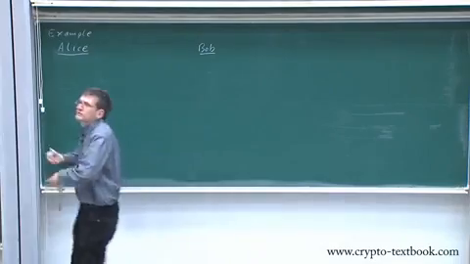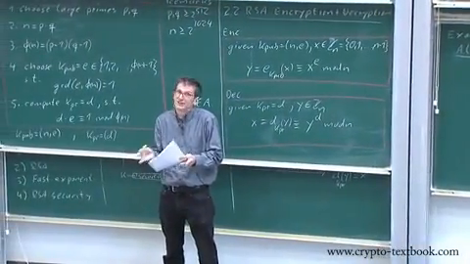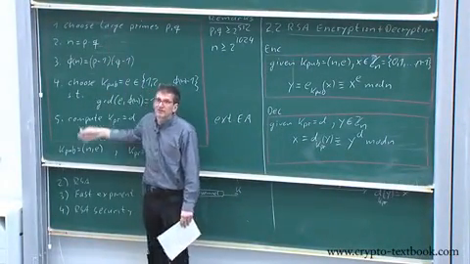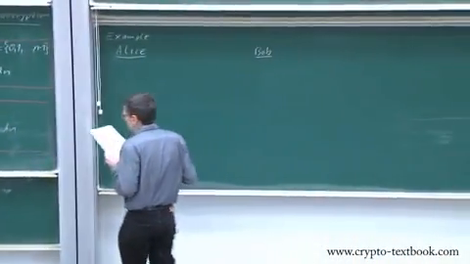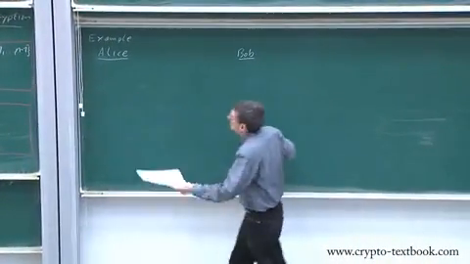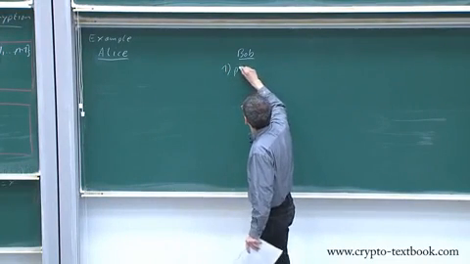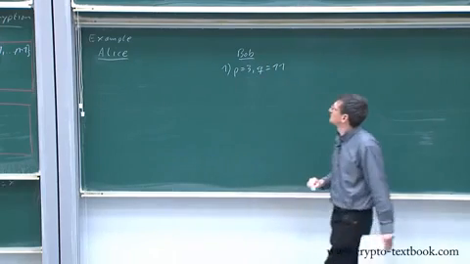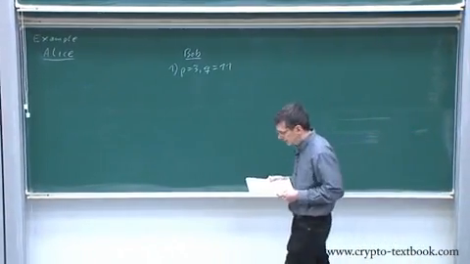So now we do cookbook, this is boring, this is almost not worth doing at a university, we do it anyway. We do step 1, 2, 3, 4, 5 with small numbers, not with 1024-bit numbers. So Bob starts with step 1, choose p and q, and we choose two very small numbers. p is 3, q is 11. So we can do most of the arithmetic by hand.